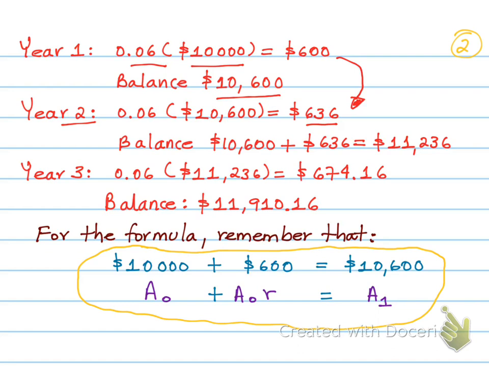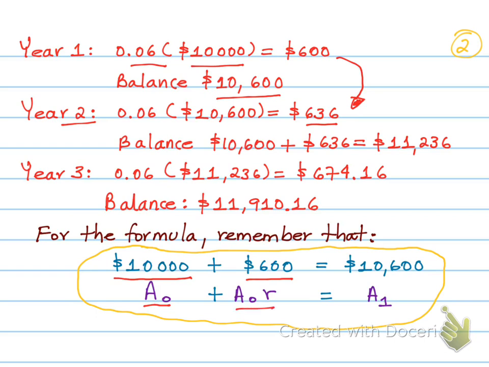So we have the original amount, that's 10,000, plus 600, and that's 10,600. So 10,000 is A0, and 600 is A0 times R, because that's the original amount or the capital multiplied by the interest rate.